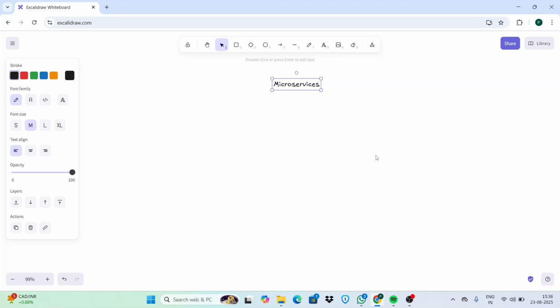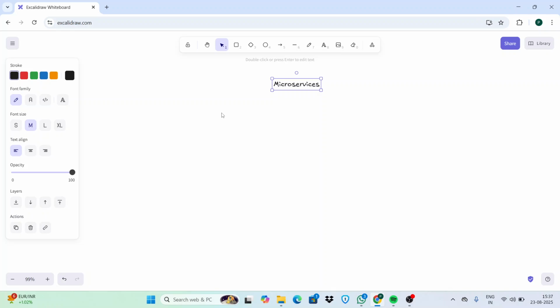They can talk to each other, and each service is independent. That means it can be developed, deployed, scaled, and updated without affecting the other services.